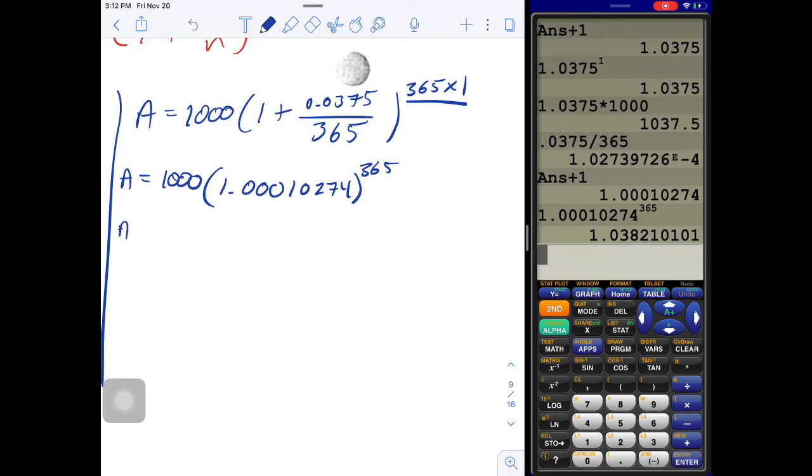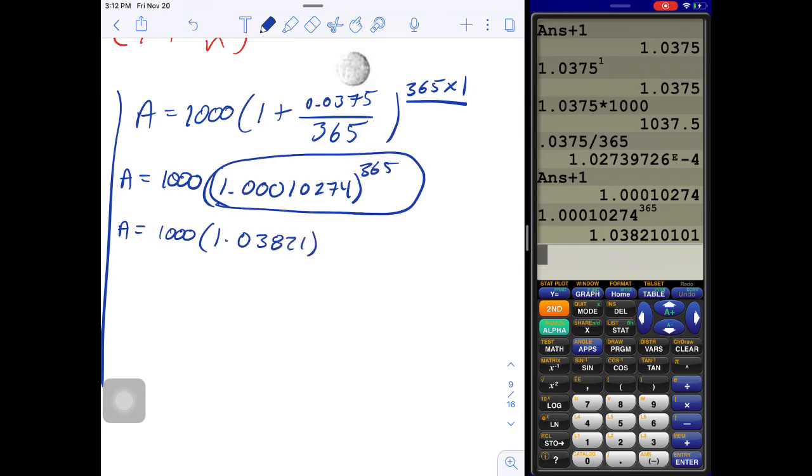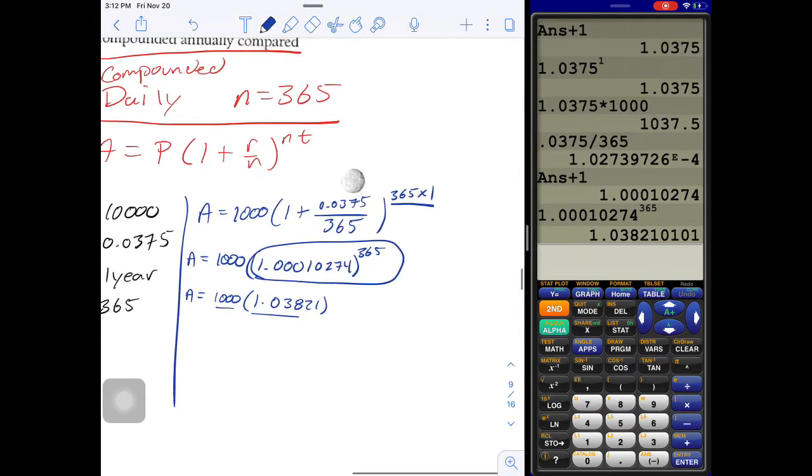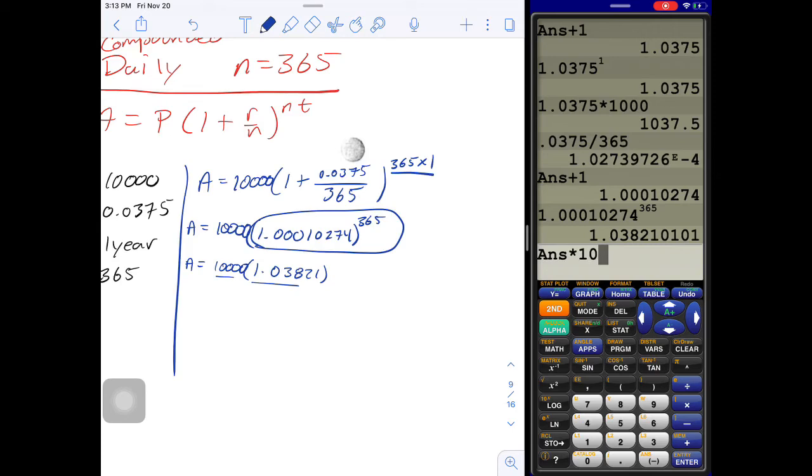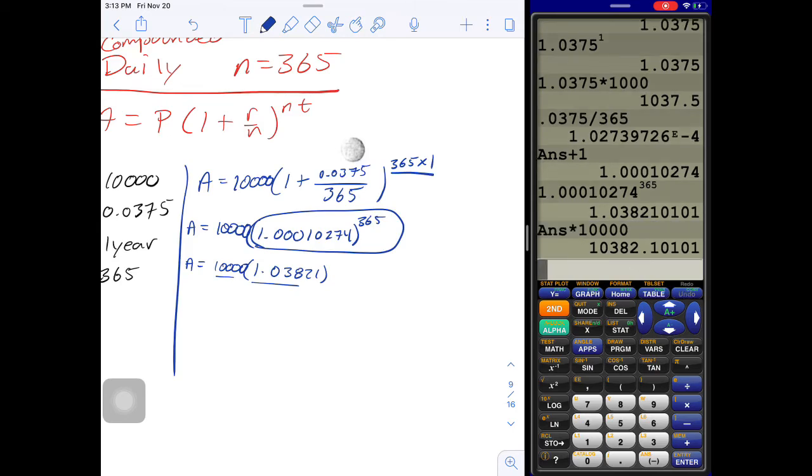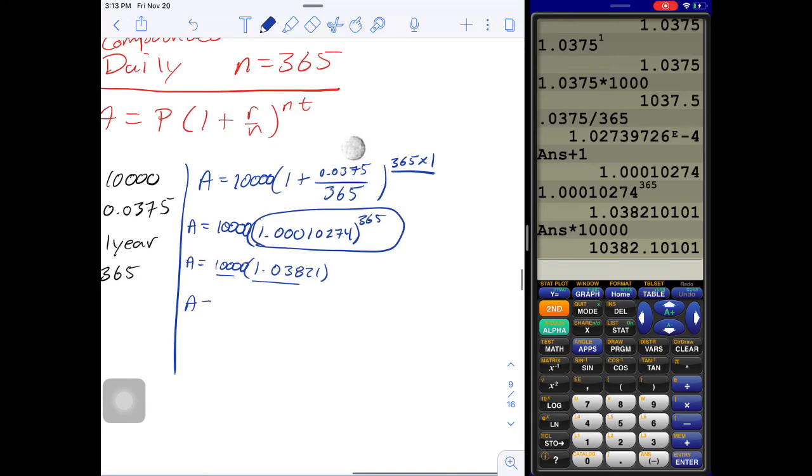And from here, so far we have 1.03821, and I'm going to multiply that by 10,000, which I think, yeah, I missed a 0 on my 10,000s here. So I'm going to multiply this by 10,000. Okay, and what we get is $10,382.